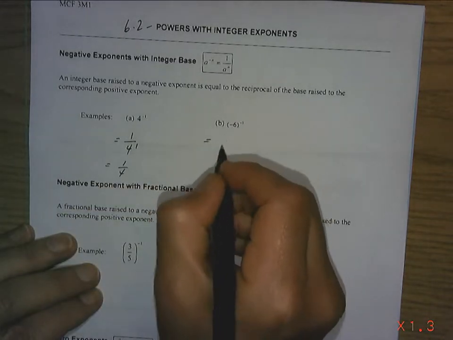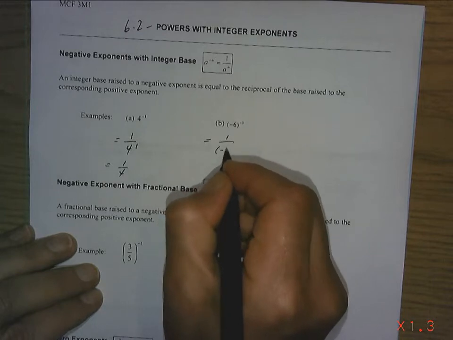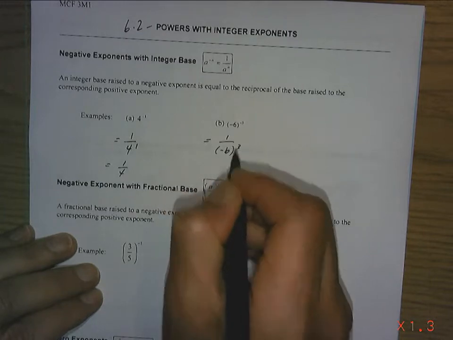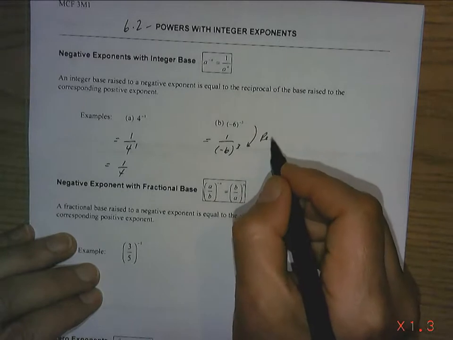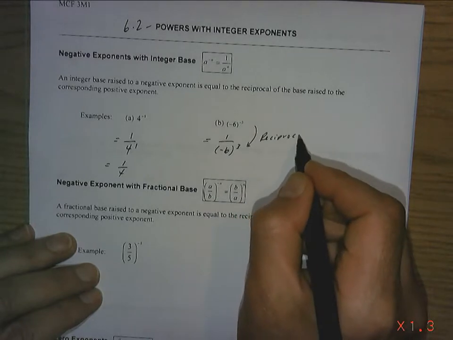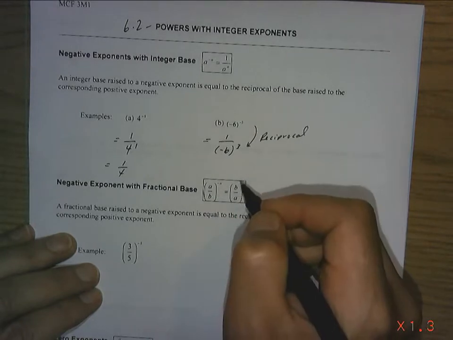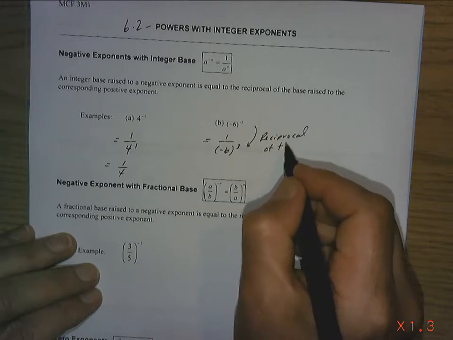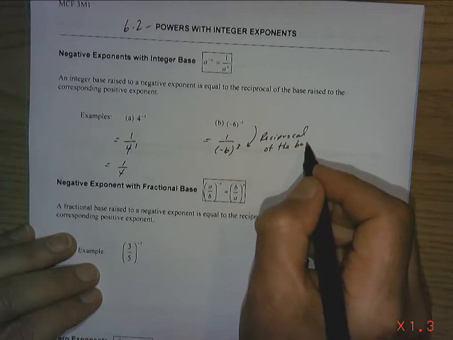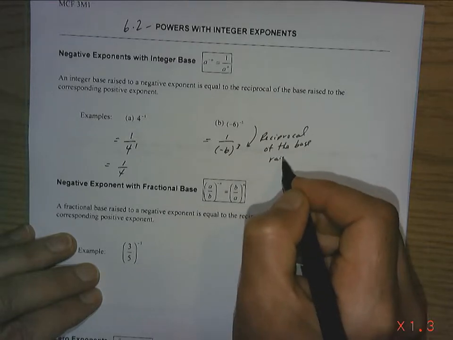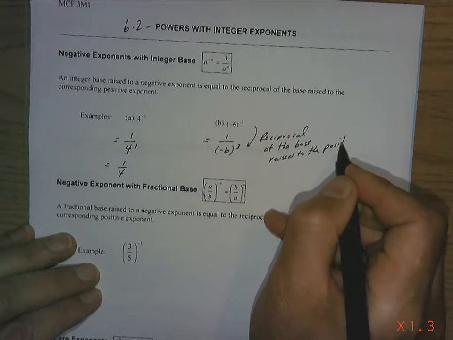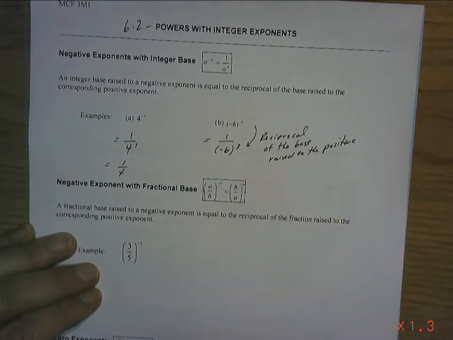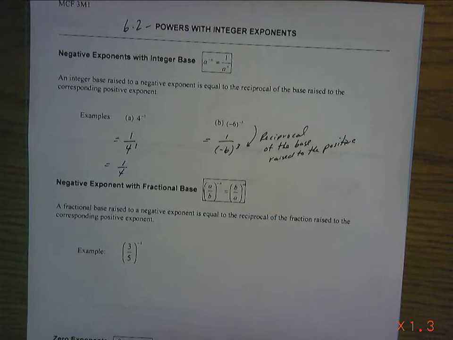Negative 6 to the negative 3 will be equal to negative 6 to the 3. So these are the reciprocal of the base raised to the positive exponent.